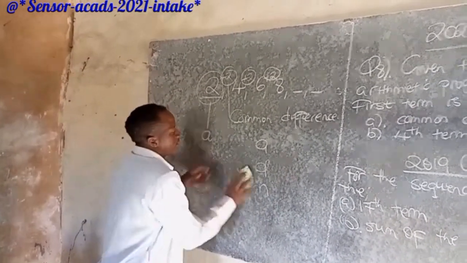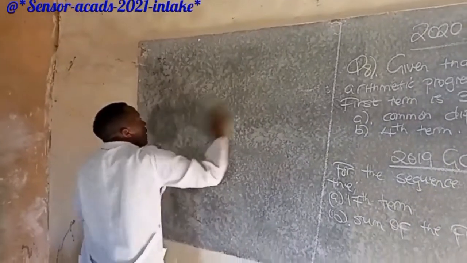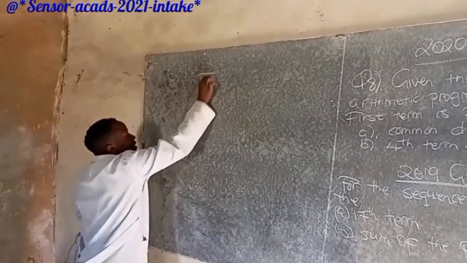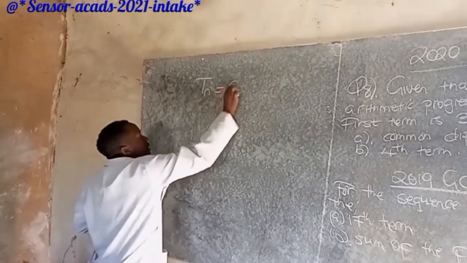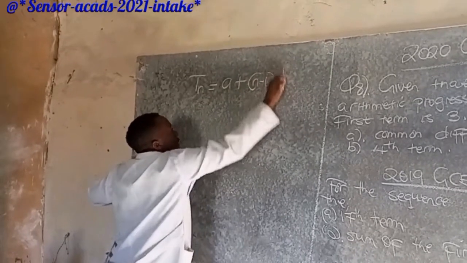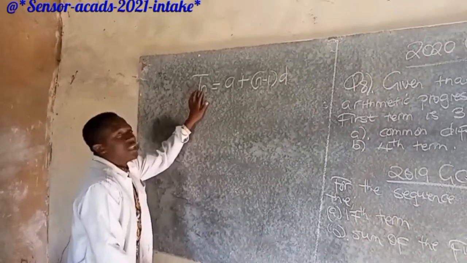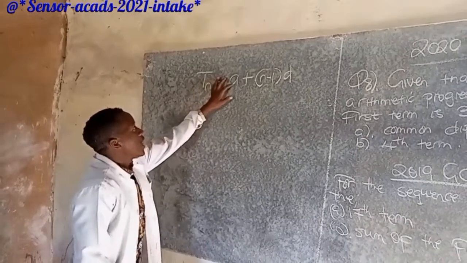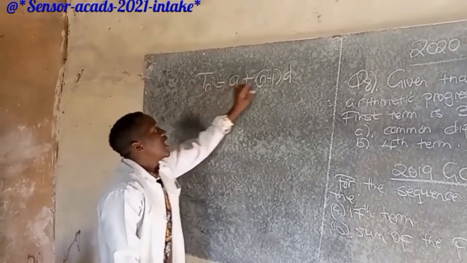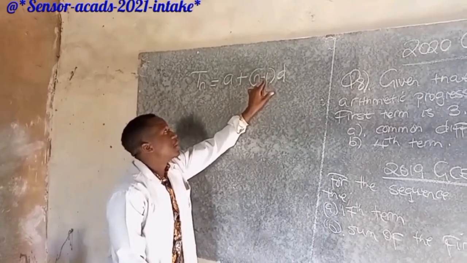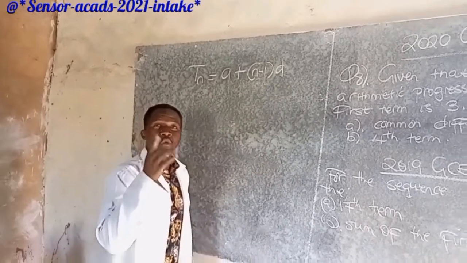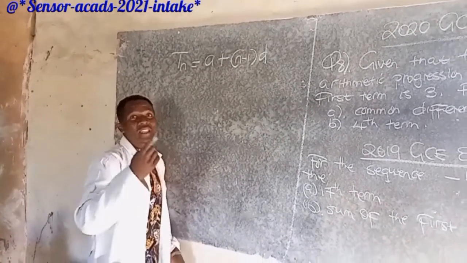So let's discuss. The formula that's going to link this, the formula for the arithmetic progression, is nth term equals a plus (n minus 1) d. Where n is the position of the number, a is the first term of the number, and this 1 is constant in the formula, then d is the number they were either adding or subtracting to each and every number to get the next number.